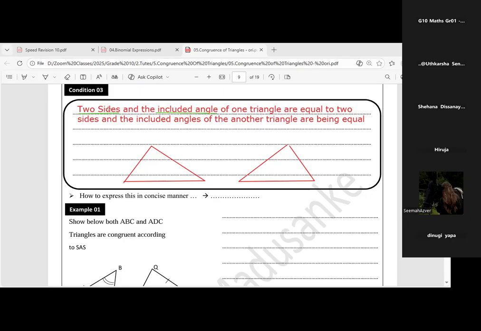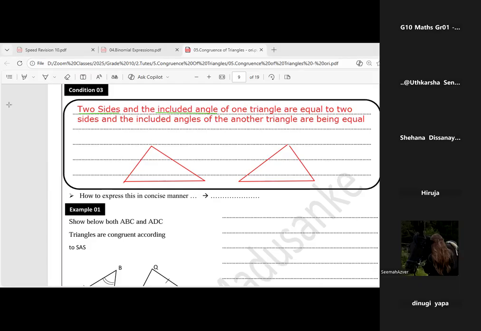Two sides and the included angle of one triangle. This is my first triangle and this is my second triangle. I will take this side and this side. These are my two sides.